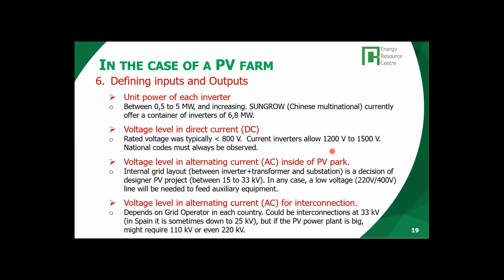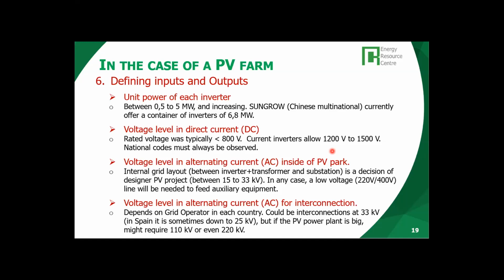Another aspect that we need to check are the voltage levels in AC. Inside the PV park, we will have an internal grid between the inverter, which could also have the transformer together with the inverter. We will see this in a minute.